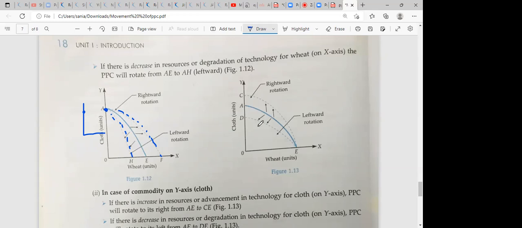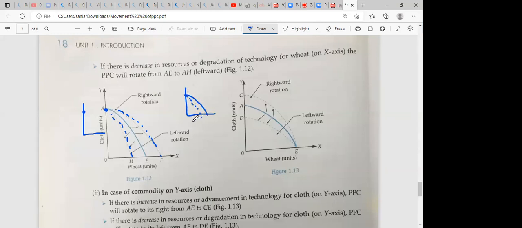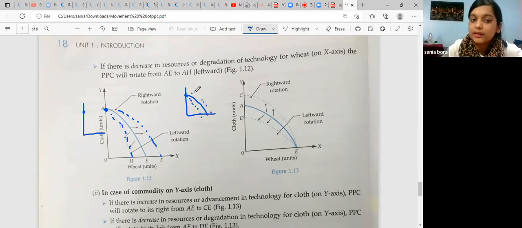Yes, teacher. Yes, quickly draw it, like the rough one itself. This is your actual PPC. And just write dot, dot, dot, dot, dot. Just mark it down as leftward rotation, and dot, dot, dot, dot, dot, that rightward rotation. And similarly for the y-axis, just write for x-axis and this is for y-axis.